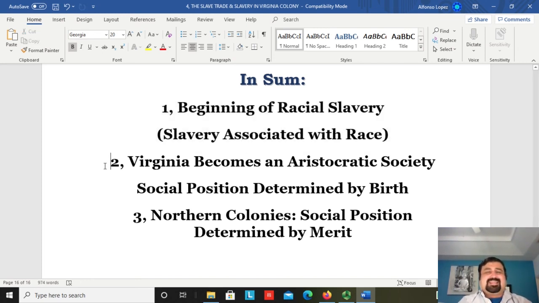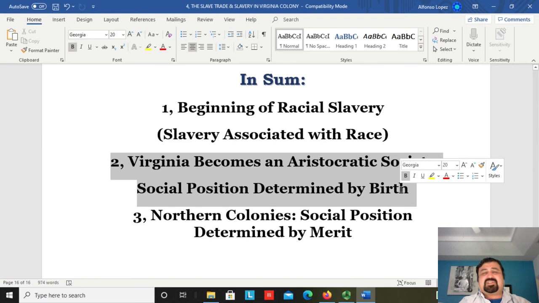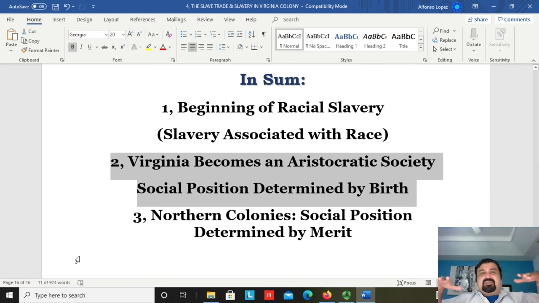Okay, so second, Virginia becomes an aristocratic society, and most of the southern colonies will become aristocratic. What is an aristocratic society is that your social position is determined by birth. In other words, your birth, the family, the group that you were born into, is going to determine who you are and your position in the society. So if you're born out of families of small farmers, then more than likely you're going to be there for the rest of your life. You're going to become a farmer. You're going to be part of this group.